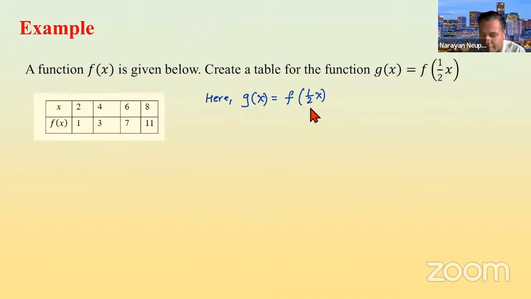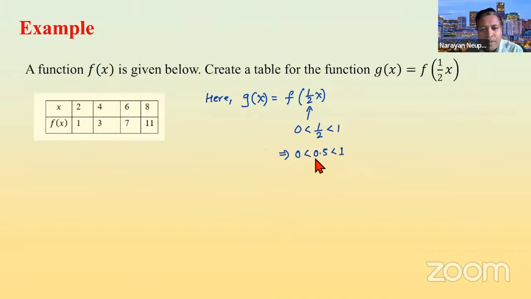When we say half x, this number is between 0 and 1. This number half is between 0 and 1, right? Because half is 0.5. So that is between 0 and 1.